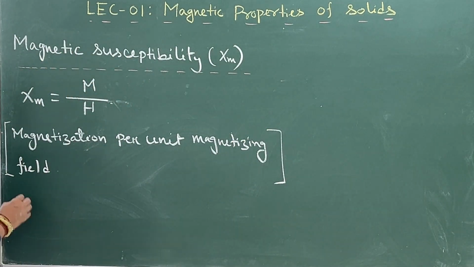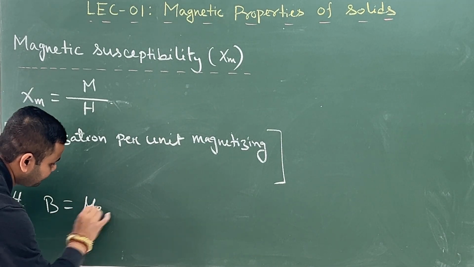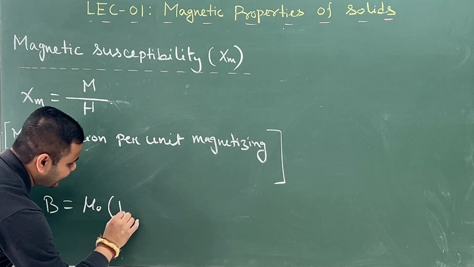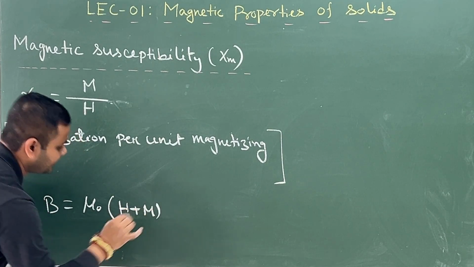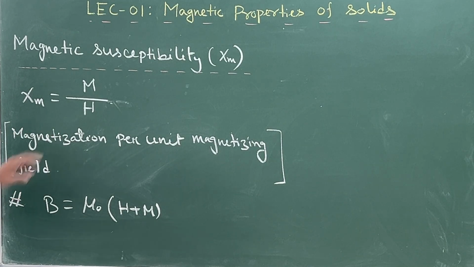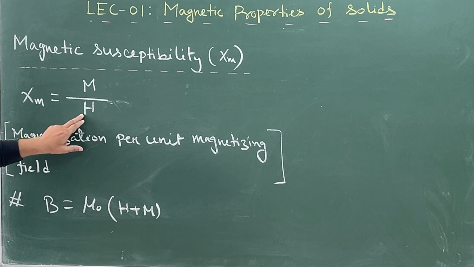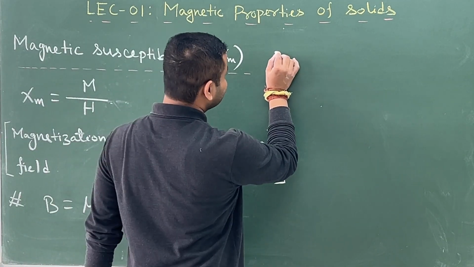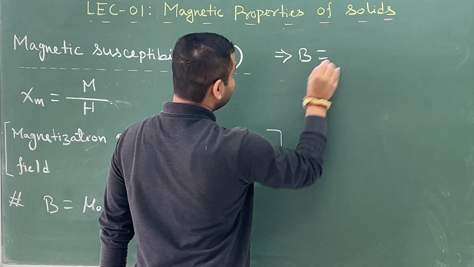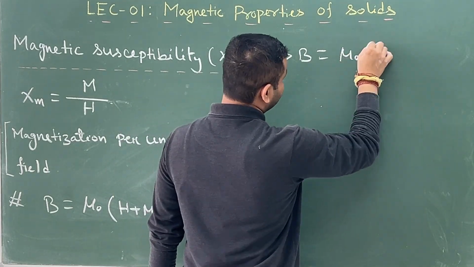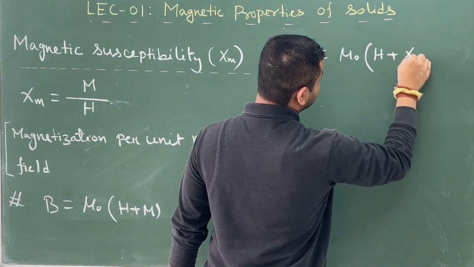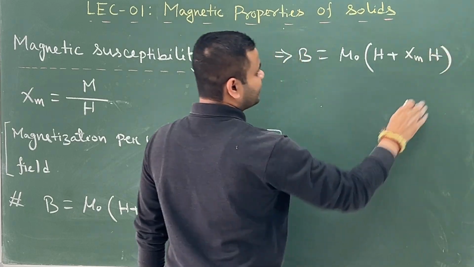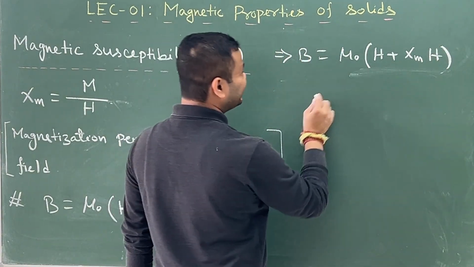From equation number 1 we had learned that the value of magnetic field inside any medium is given by mu naught into H plus M. From this relation we have seen that M equal to xi m into H. Now let us replace M by xi m into H. So we will get B is equal to mu naught into H plus xi m into H. Now let us rearrange the terms.